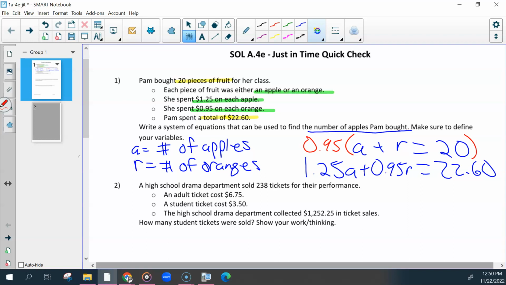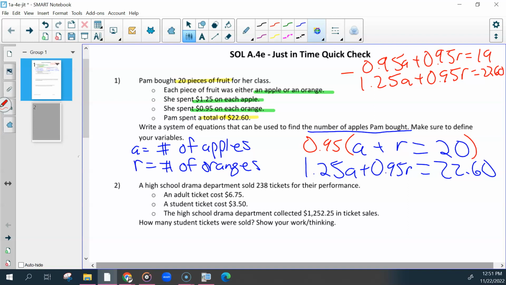So this new equation would be 0.95a plus 0.95r equals 19. And then my second equation. Because of the way I put this, when I go to eliminate, I'm going to get negative numbers, but that's okay. So to eliminate, I would subtract.